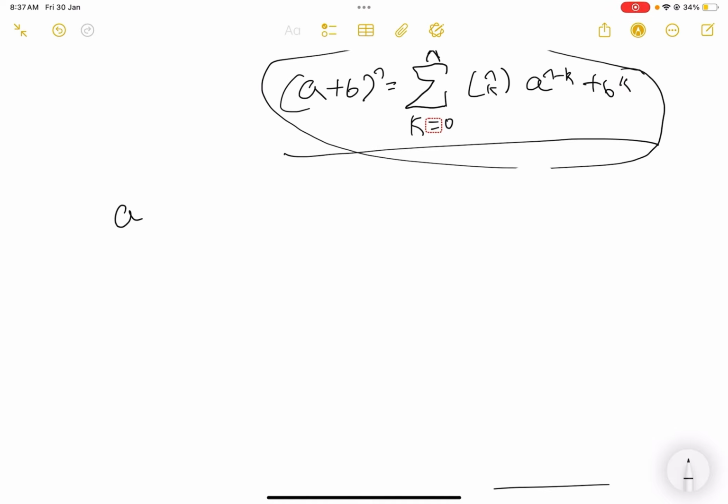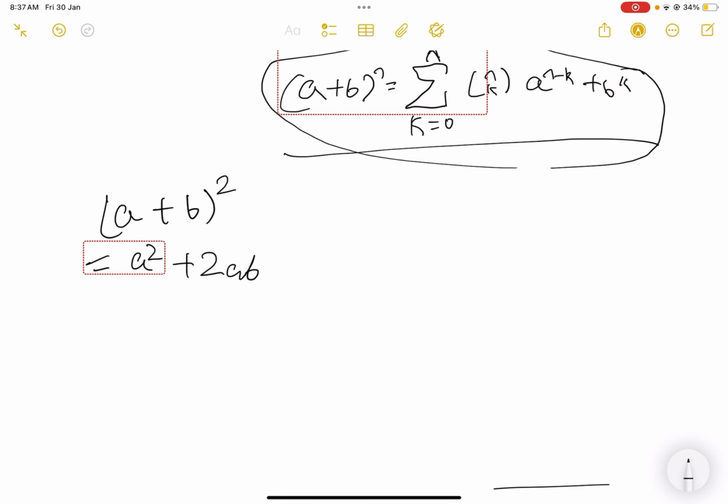Now, (a + b)^2 is how much? You know that is equal to a squared plus 2ab plus b squared. Am I correct?